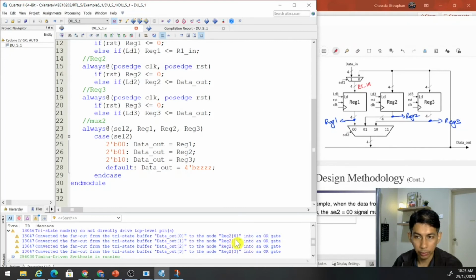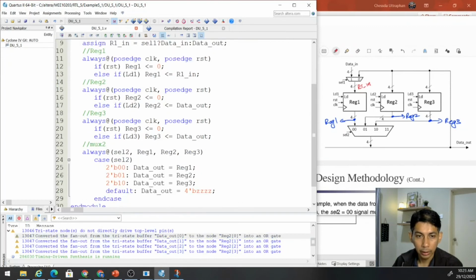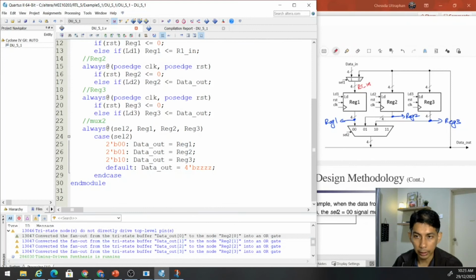So this one, rect2, goes into an OR gate, so it will create an OR gate because of this. Because we have the three-state buffer, it will create the three-state buffer for us.